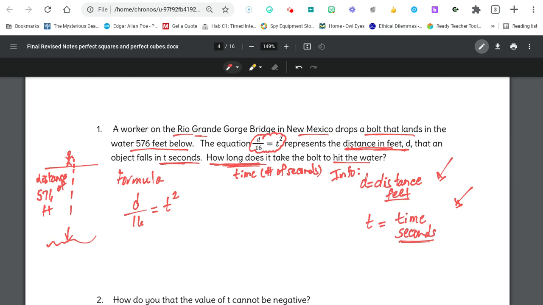So if I'm looking for time, they had to give me d, or distance, because you can't solve an equation or a formula with two unknowns or two variables. So if you have two variables in your formula, rest assured you'll get a number for one of them.